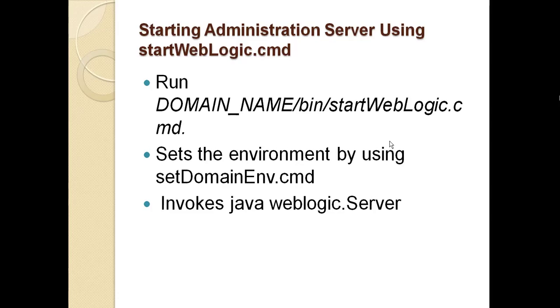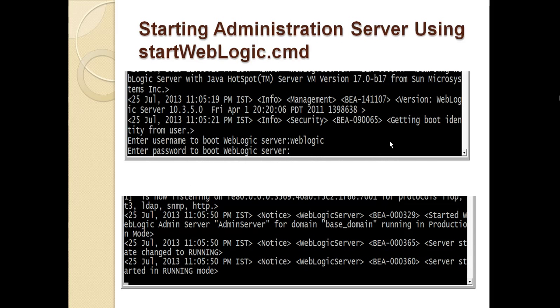It will first invoke the setDomainEnv command, which is there inside your bin only. In turn, setDomainEnv will invoke the Java WebLogic server class, which is a Java class which will start our WebLogic server. This is the info which you will get. If your domain is in production mode, you have to supply your username and password.